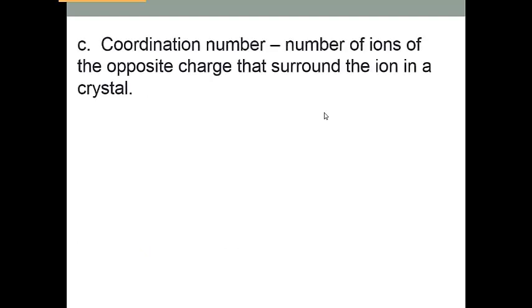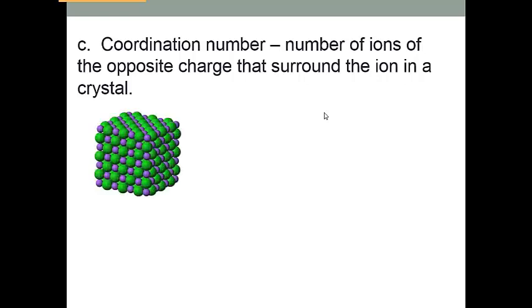Another piece of information about ionic compounds is that each element that makes up an ionic compound has a coordination number, and that's just the number of ions that surround it in the crystal. For instance, if we go back to our sodium chloride example, if we take a look at one of these ions and look at how many of the opposite ion are around it, you would have 6.